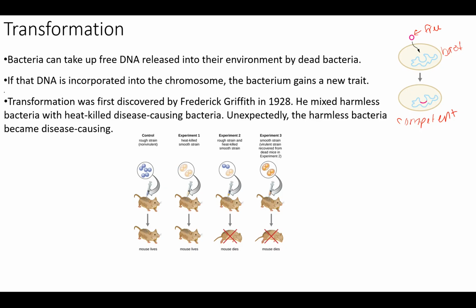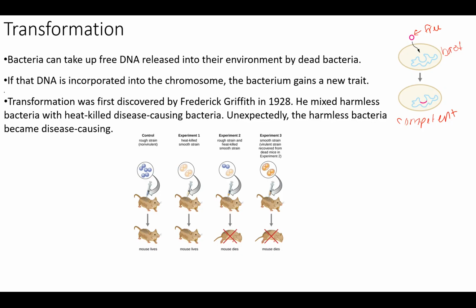One had that capsule, remember that sticky structure that helps evade the immune response, and that was called the S strain. It was virulent, it killed the mice. It's a pathogen. The other strain was called the R strain, which stood for rough because it did not have the capsule. Not having the capsule made it not dangerous. It was non-virulent. The mice were not killed when exposed to this R bacteria.